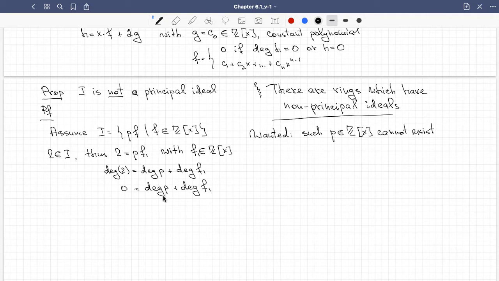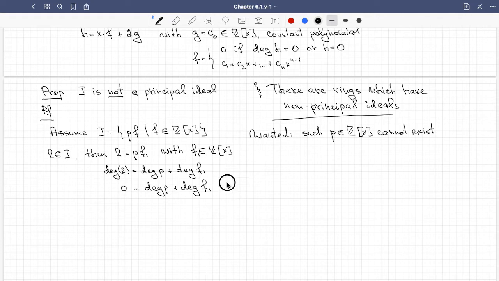Nothing too bad. That still can happen. This is 0 as a sum of two non-negative integers. But that can happen simply if both degree p and degree f1 are zeros.